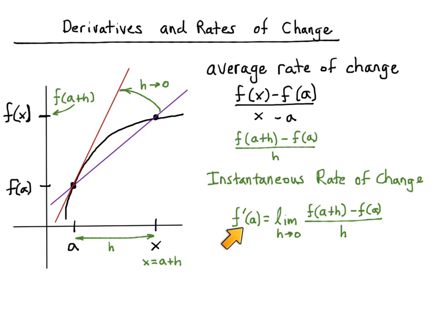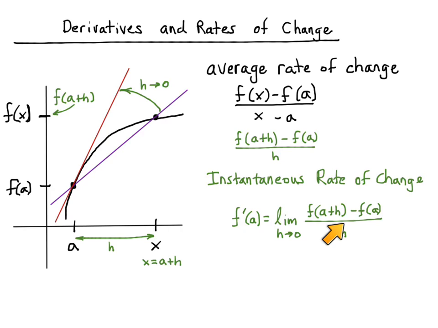But for now, just look at this as the instantaneous rate of change is this limit as h goes to 0 of the function evaluated at a plus h minus the function evaluated at a, divided by h. And so hopefully you'll recognize that a lot of the limits that you were doing had something like this, where we had the difference between two similar functions, but perhaps the first one had a little extra to it, divided by some other difference or some singular value.